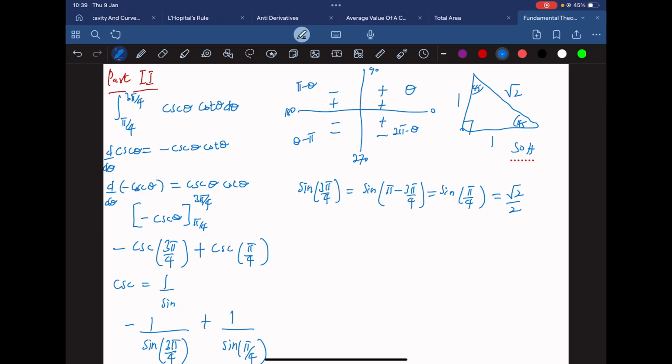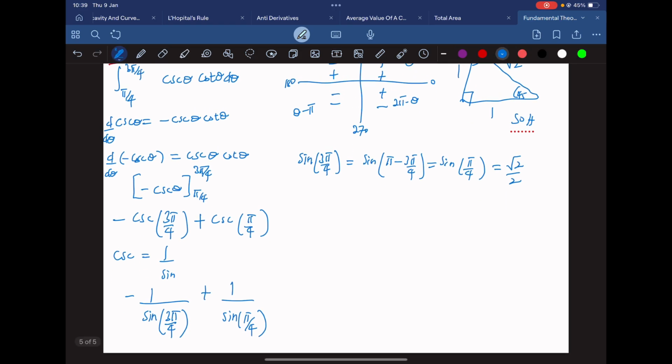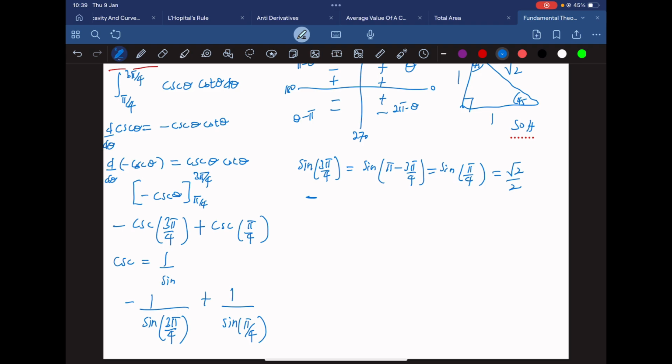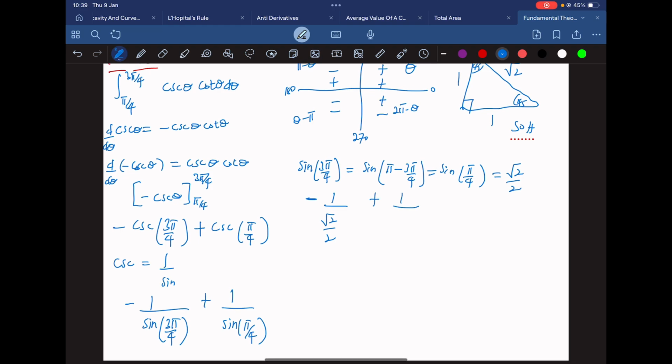Okay, so now let's simplify. We are back to this part. So negative 1 over, now sine 3 pi over 4 is root 2 over 2, plus 1 over sine pi over 4. We've already established that it is root 2 over 2.